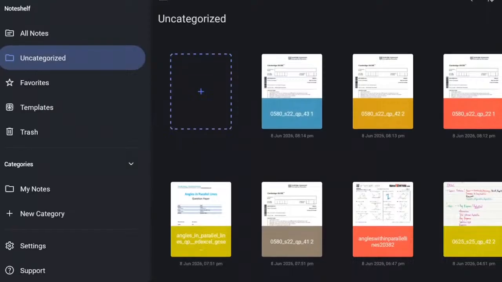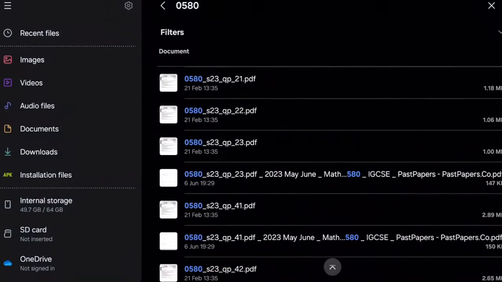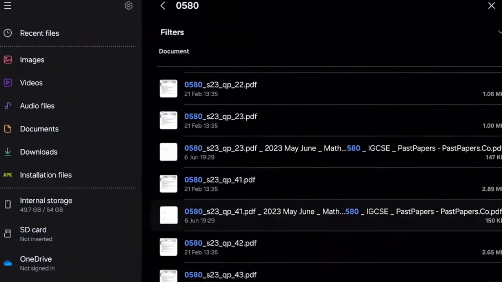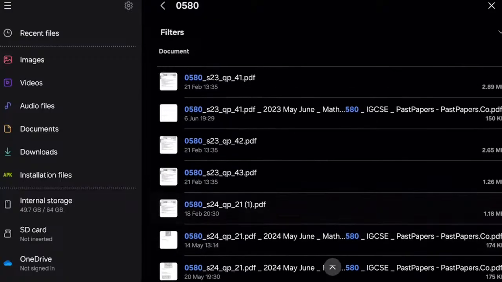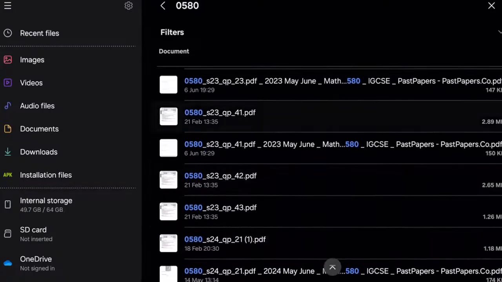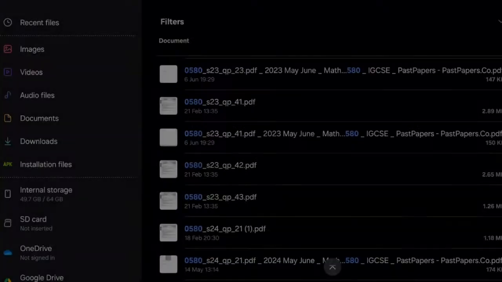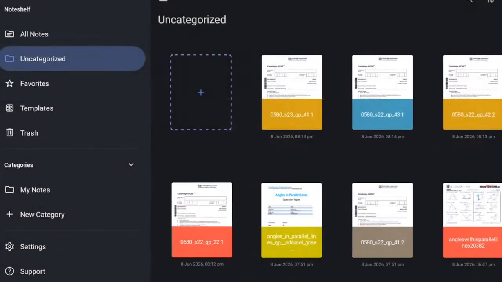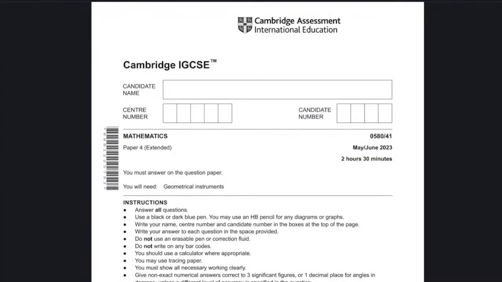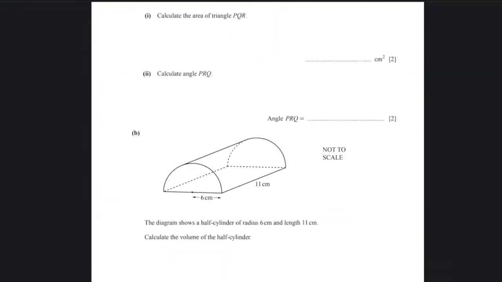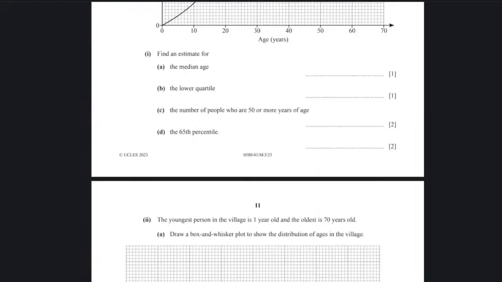Which year is this? 2022. 2024. Wait, 24. Which one did I leave? Was it 23 or 24? Let me see if it was this one. Okay. I'm going through the questions that I left for the assignment.